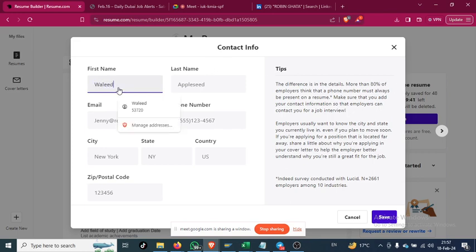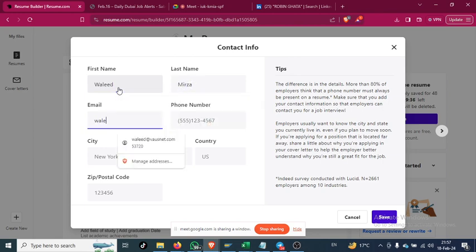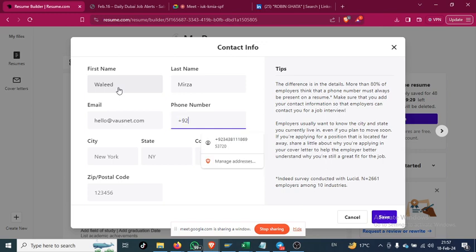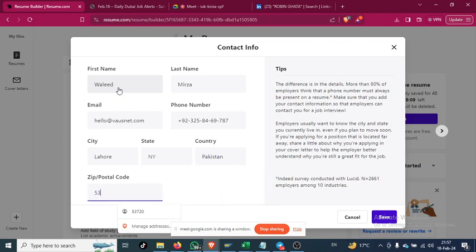So I will just put in my name, Puneet Mirza, and the email hello at wasnet.com, plus the phone number 92325846977, city Lahore, country Pakistan, zip postal code 537.